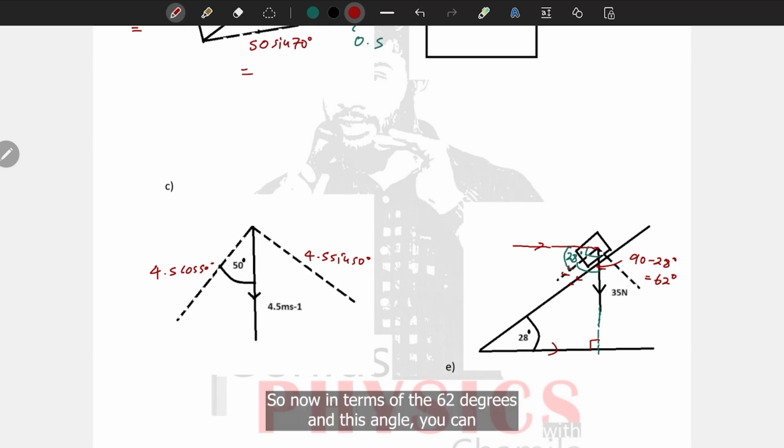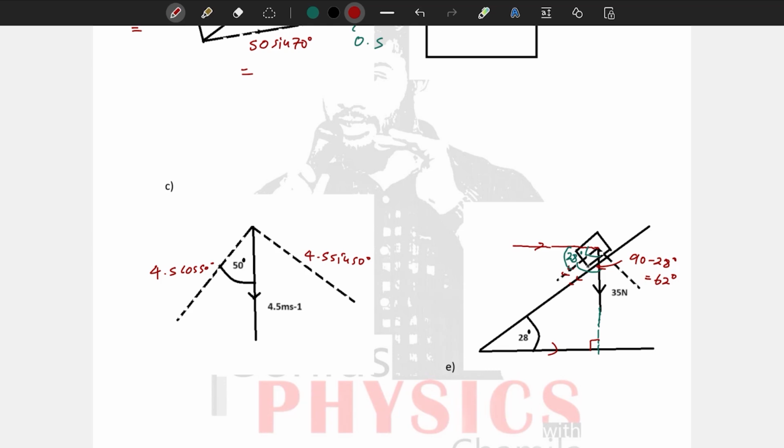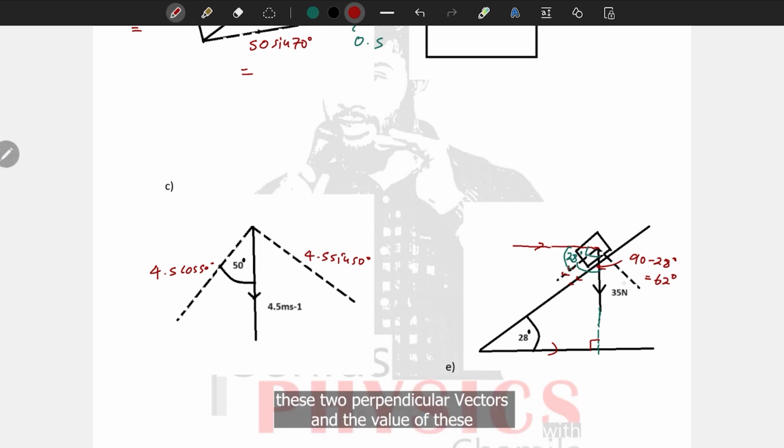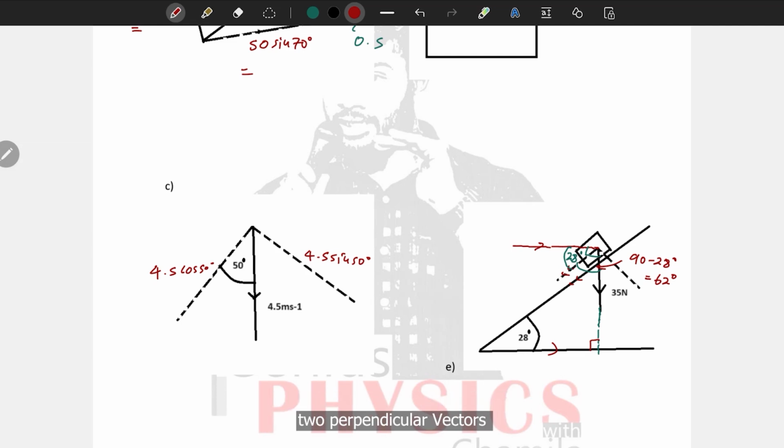Right. So now in terms of this 62 degrees and this angle, you can identify these two perpendicular vectors and the value of these two perpendicular vectors. So let's try to identify the values. Here this is 35 cos 62 and this is 35 sine 62 degrees.